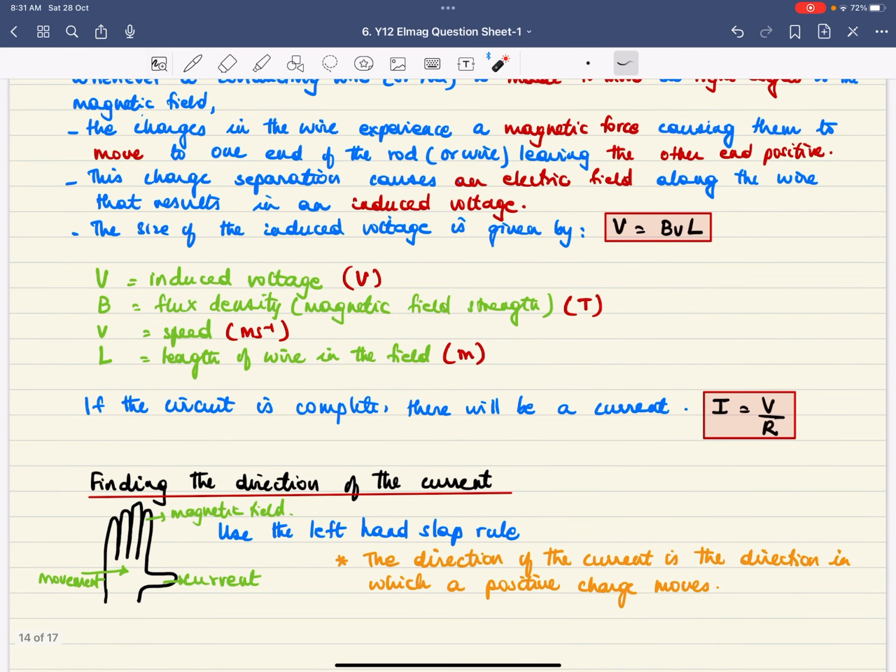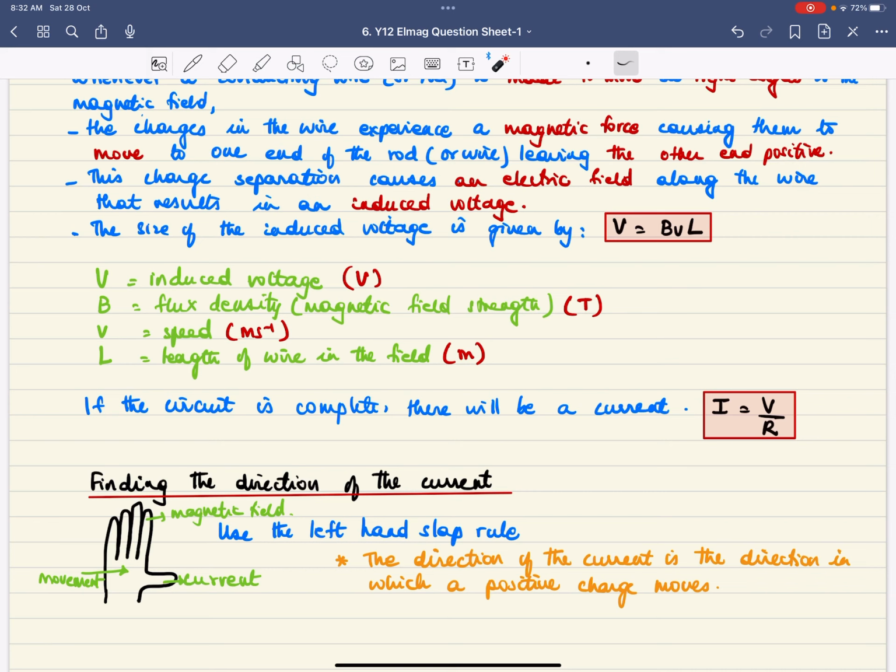Now, how do you find the direction of the current? There are loads and loads of rules for this. There's Fleming's hand rules and your slap rules, but the way that I teach is using the left-hand slap rule. Just so you don't get confused, stick to whatever your teacher has taught you, and that is correct.